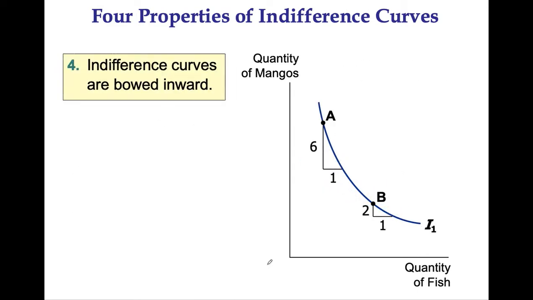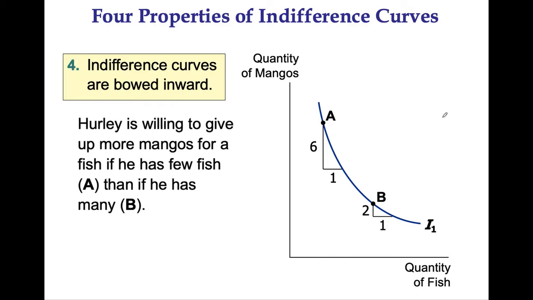The fourth property: indifference curves are bowed inward. Bowed inward means having this form. So this means that the slope of the curve is negative, but it is increasing as we go from the left side of the curve to the right side of the curve.